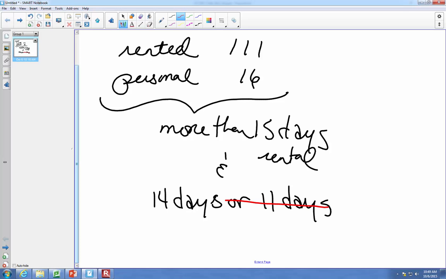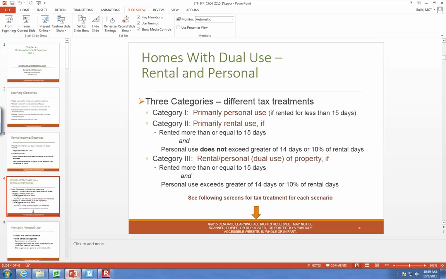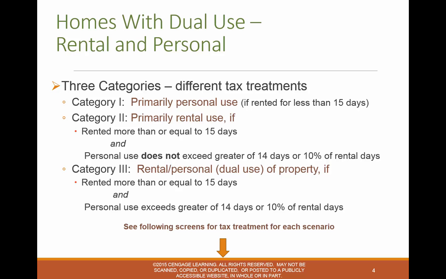And then say, did I use it personally more than that? Yes. So is it category 2? No. It's got to be category 3. It's dual use. Did my personal use exceed the greater of 14 days or 10% of rental days? Yeah, it did. So I'm category 3, part rental, part personal.